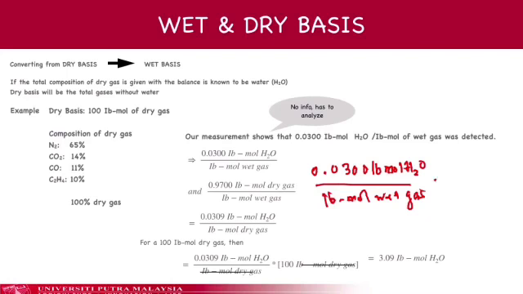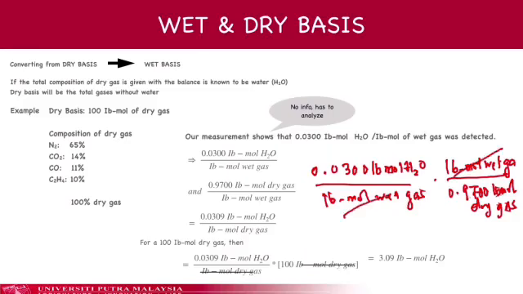Then we know that for every 1 pound mole of wet gas, we have 0.9700 pound mole of dry gas. Okay, so that is the information that we have. So we can cancel this and we will have 0.0309 pound mole of water per 1 pound mole of dry gas.